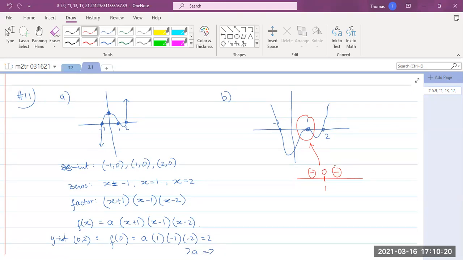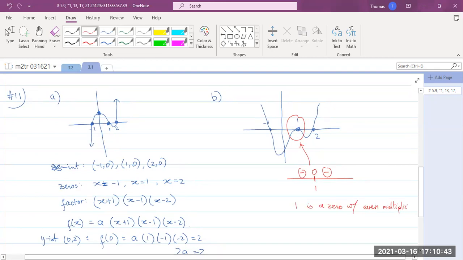Okay, because there's no change of sign, then 1 is a zero with even exponent, even multiplicity.